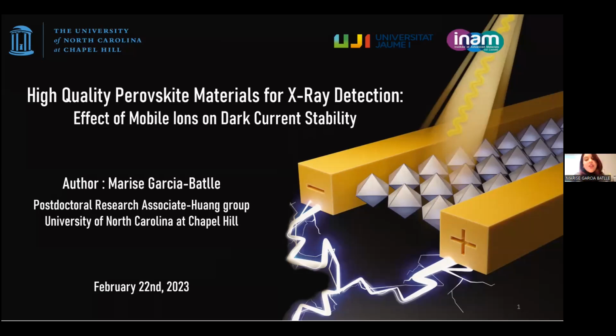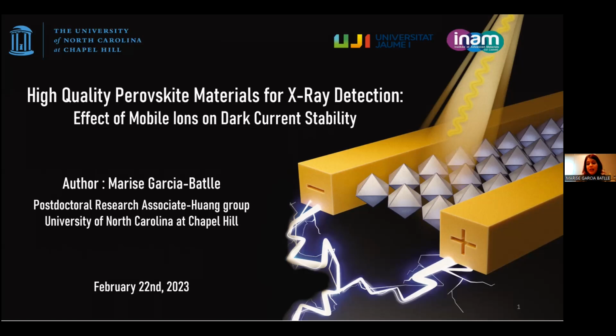Thank you to the organizer for giving me the opportunity of presenting my work, well, my PhD thesis in this case, because now I'm a postdoc at the Hone group at UNC in Chapel Hill. But this work was developed in the framework of the Perovskites project, which is a European project basically focused on perovskite material for X-ray detection.